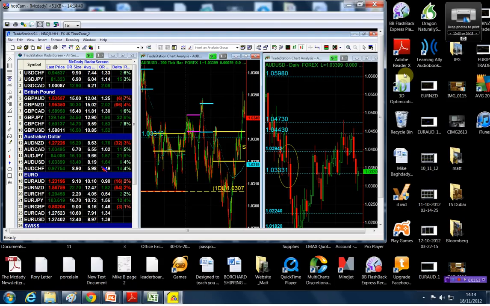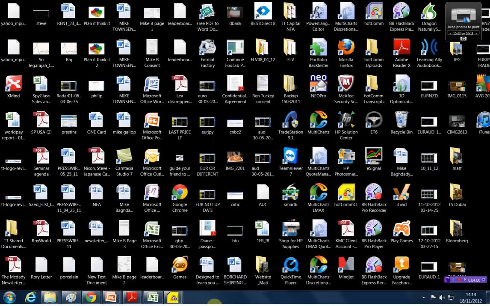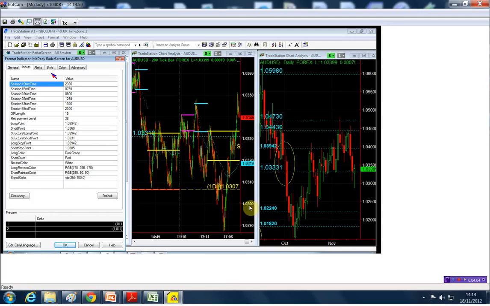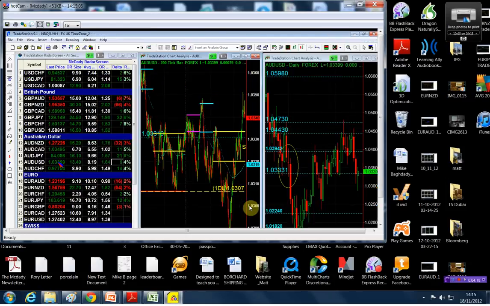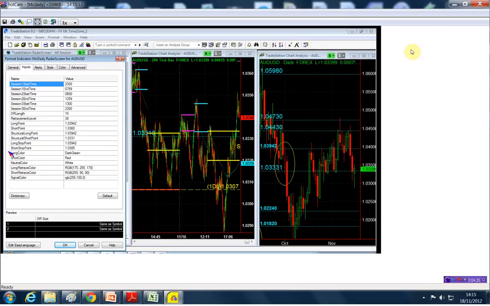So for the Aussie dollar, we are going to buy it above, what was the number, 103.66, and the next structure point is still 103.94.